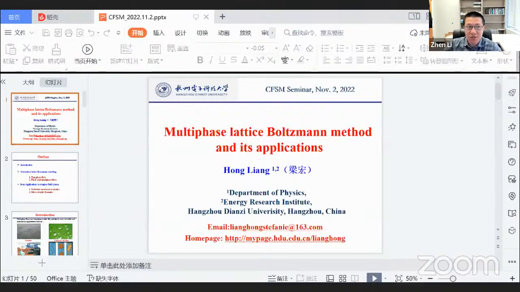He joined the Department of Physics of Hangzhou Dianzi University as a lecturer in 2015, and was promoted to associate professor in 2017. His research interests fall in the area of computational fluid dynamics, including the Lattice Boltzmann method, multiphase flows, heat transfer, interfacial instability, micro-droplet dynamics, and also deep learning methods for hydrodynamics.